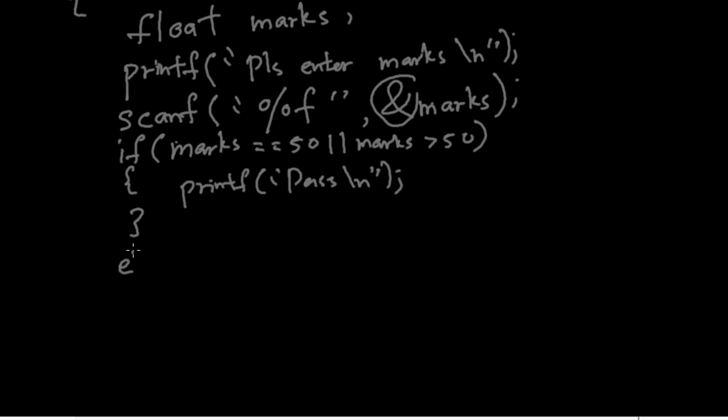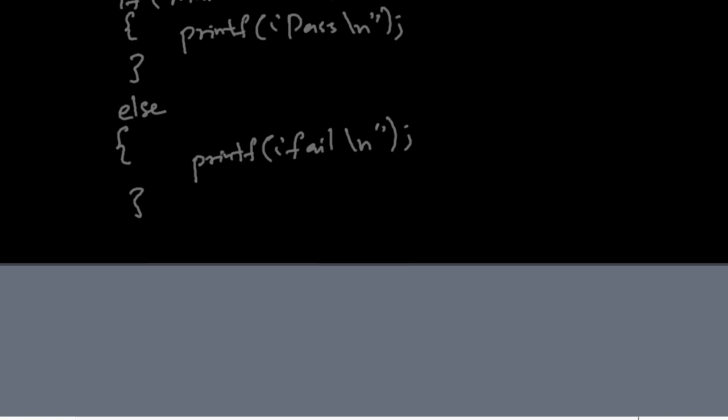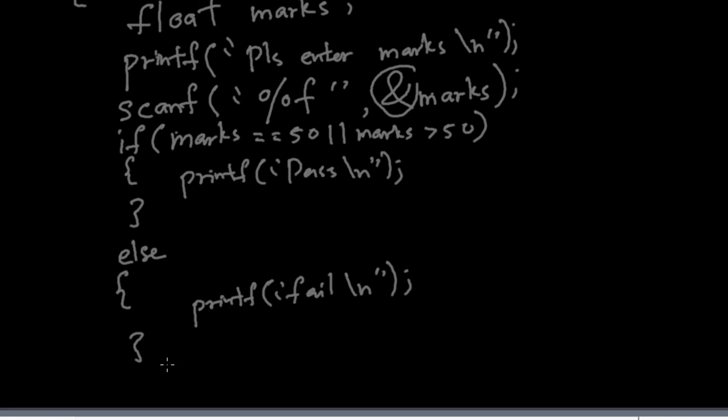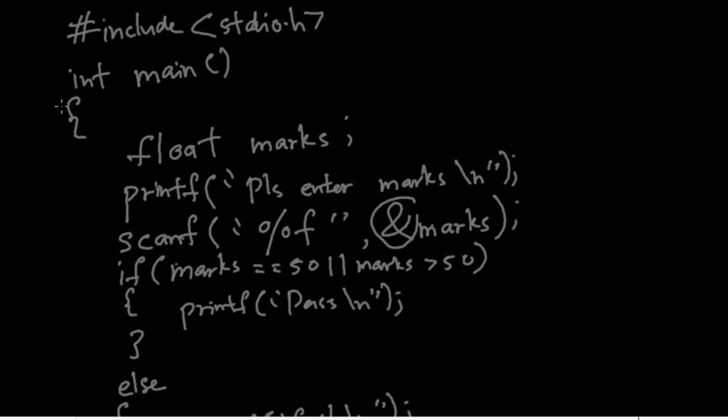Else, you don't have to put in any condition here, remember that. Else, printf fail. And then we have a return 0 here, which marks the end of the program, and you close the curly brace that corresponds to this one.